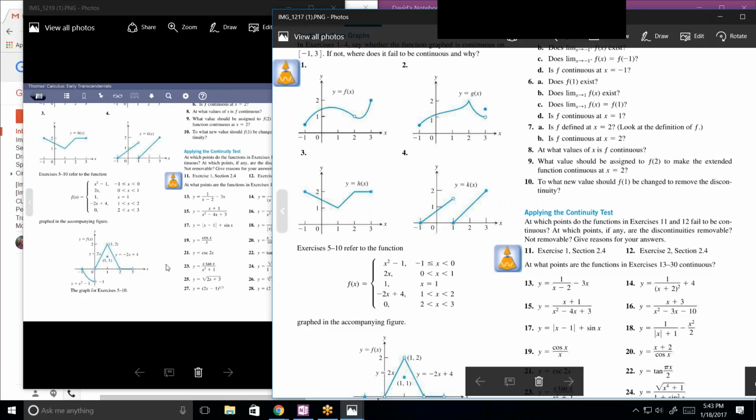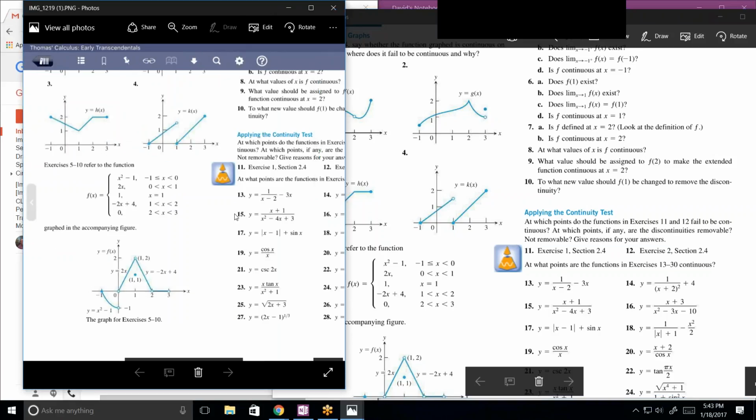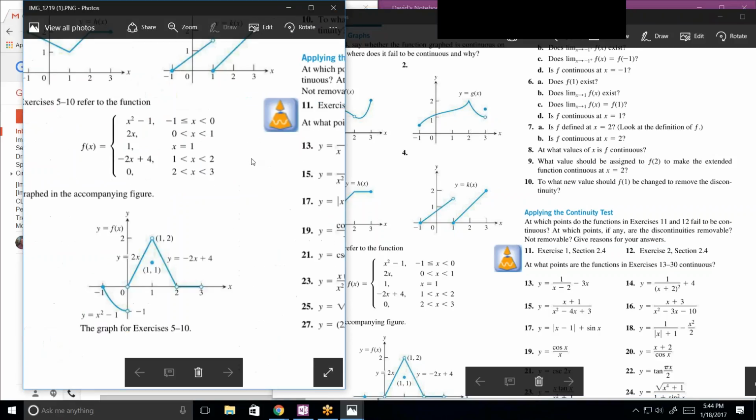Can you see that, or do I need to blow it up just a little bit? I can see it. I have it on my iPad too. Okay. Does f of 1 exist? Yes. What is it? It's 2. Left and right hand limits are equal to 2. Those are the limits as we approach 1 from the right and the left. But what is f of 1?